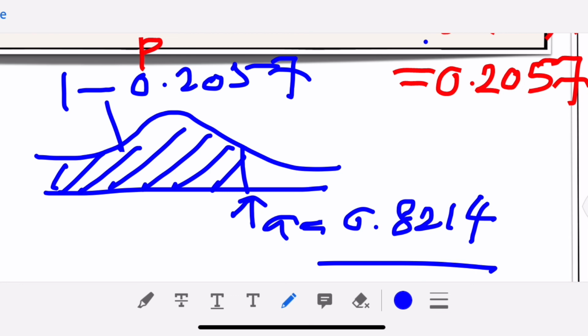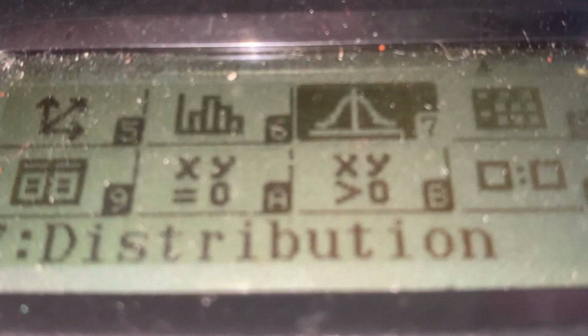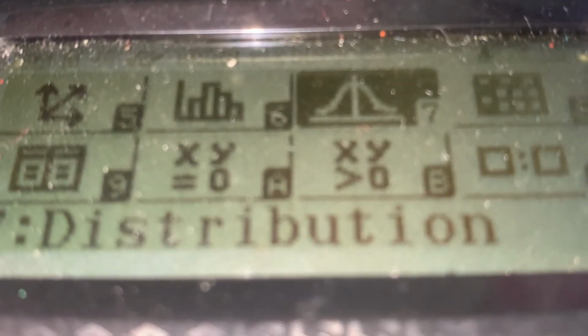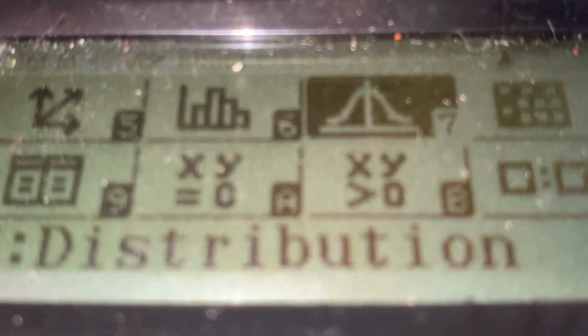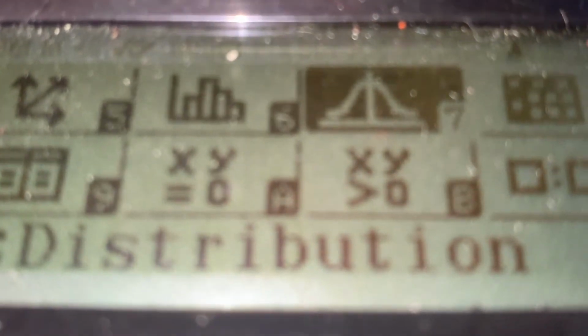Alright, so I'm going to show you using the calculator to get the answer, but because of this calculator, the area that you focus on must be the area shaded to the left. Okay, so let me show you how to use a calculator. Wow, my calculator is so dirty, but it's okay.